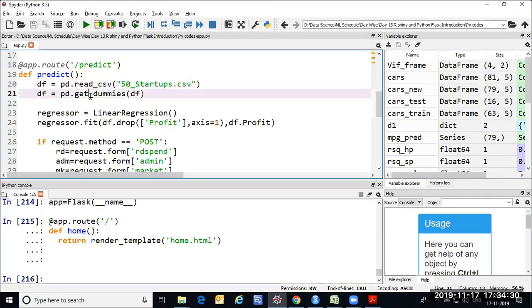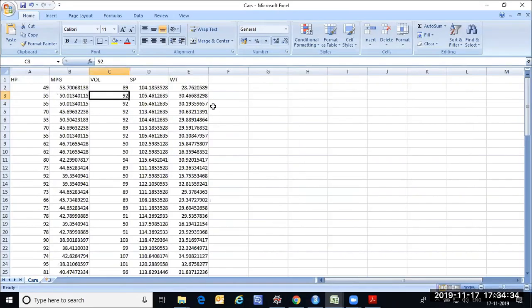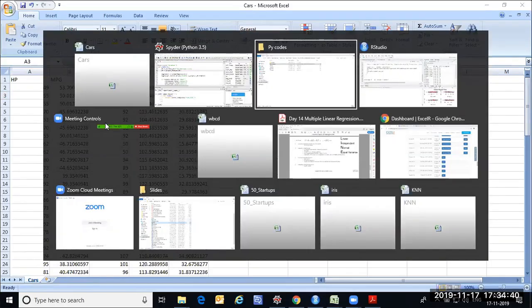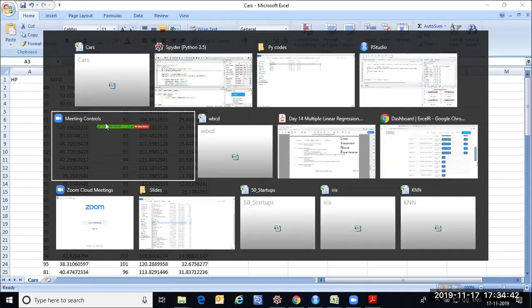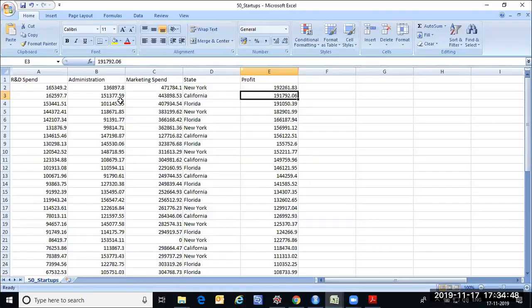Why do you think I'm getting the dummy variables here? The state is categorical data, right? State is nothing but categorical data.